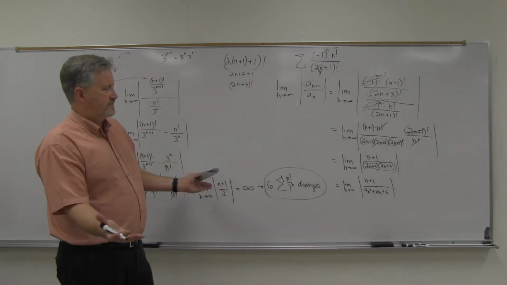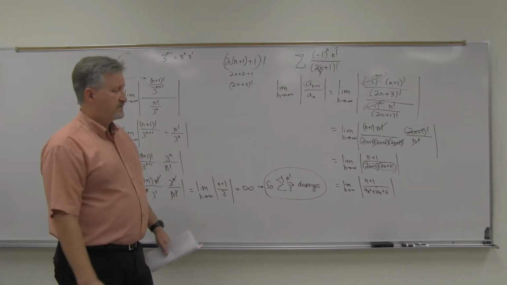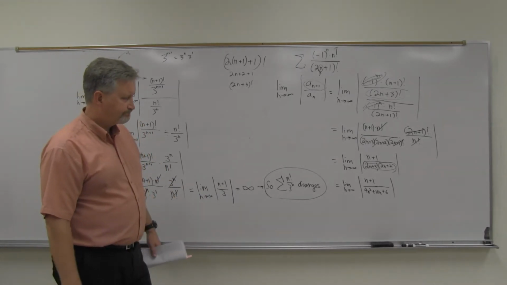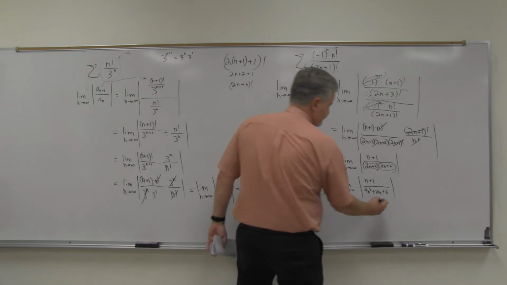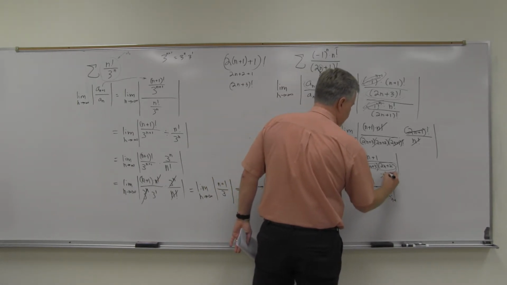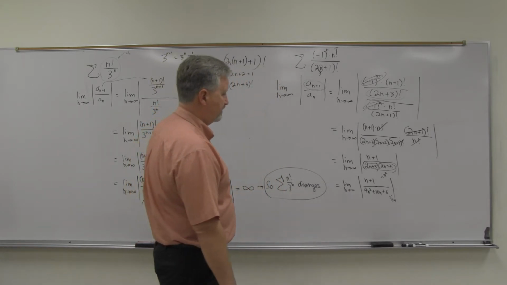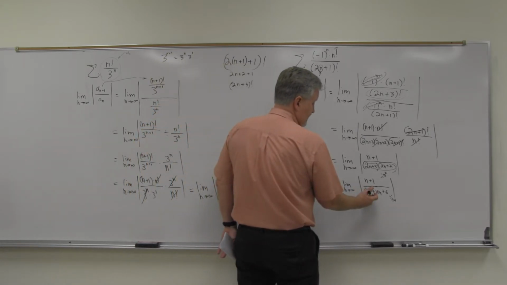Now it looks like the infinity limits we've always been used to. One way to show what this goes to is to divide by the largest power in the denominator, which is n squared.